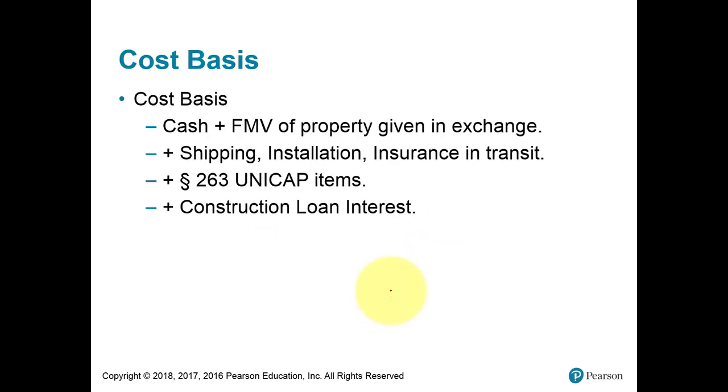So cost, again, this is what you pay to buy that item, or even if you gave up a property, you're going to add to the cost of the new property the value of the property you gave up. In fact, you see this thing right here?